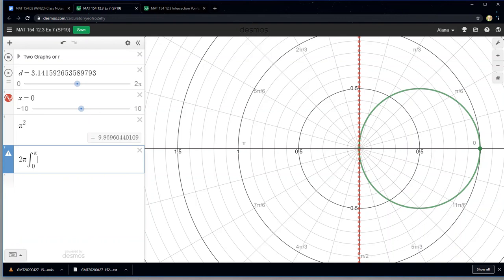So it's cosine of x times cosine of x, which is cosine squared of x, times the square root of cosine squared of x plus sine squared of x.